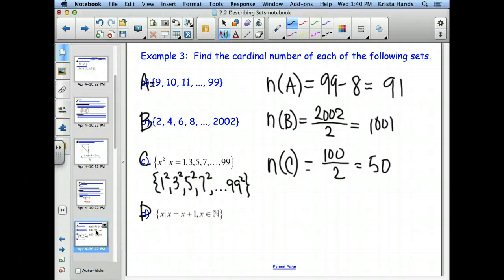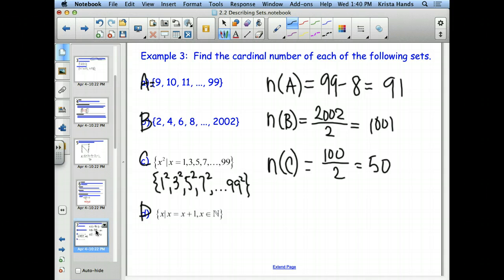Any ideas, Katrina? Yeah, this is a null set.